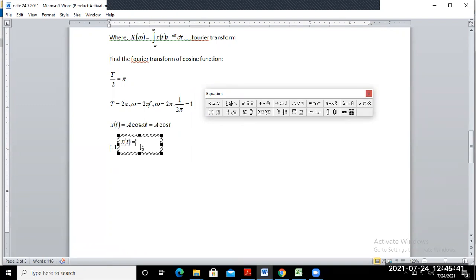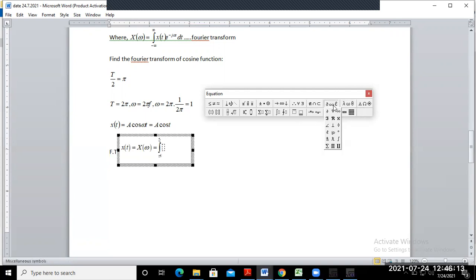So X(omega) equals the integral from minus infinity to infinity of x(t) e to the power minus j omega t dt.